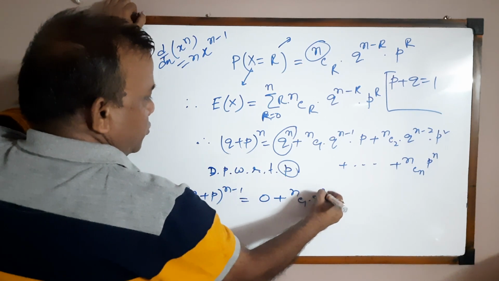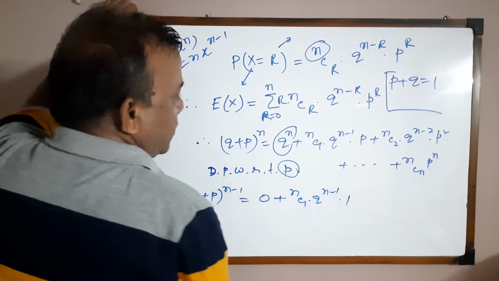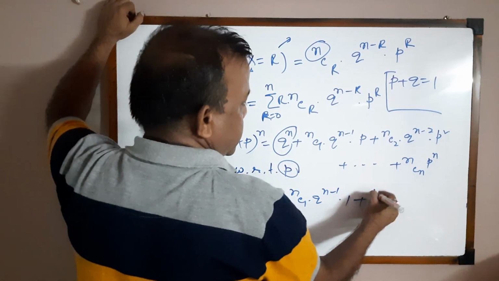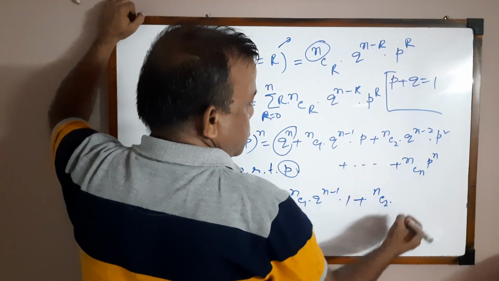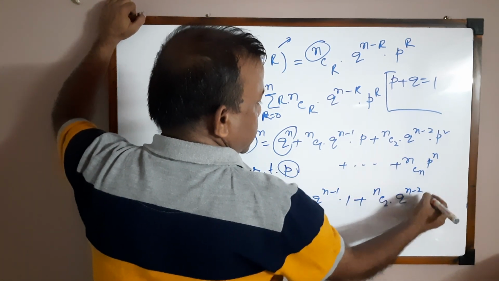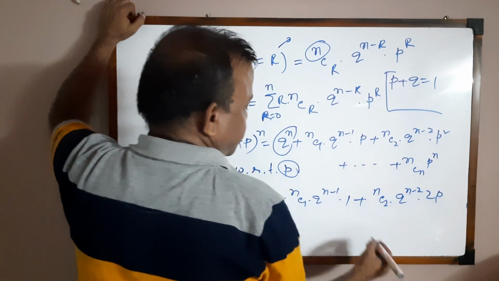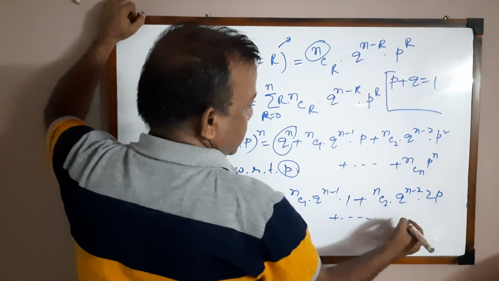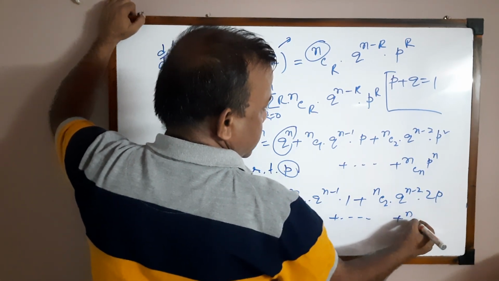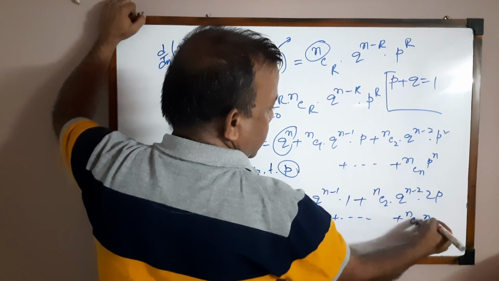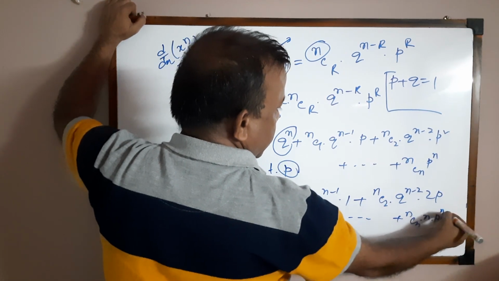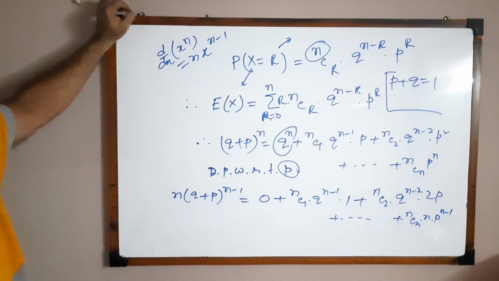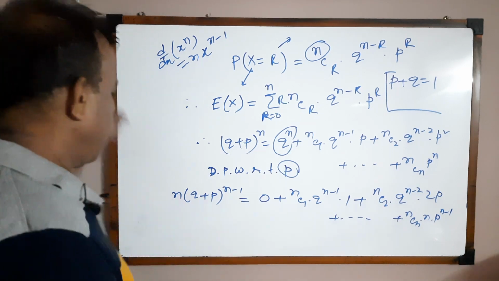Then nC1 into q to the power n minus 1 into 1, nC2 into q to the power n minus 2 into 2p, and so on, nCn into n into p to the power n minus 1. Okay.